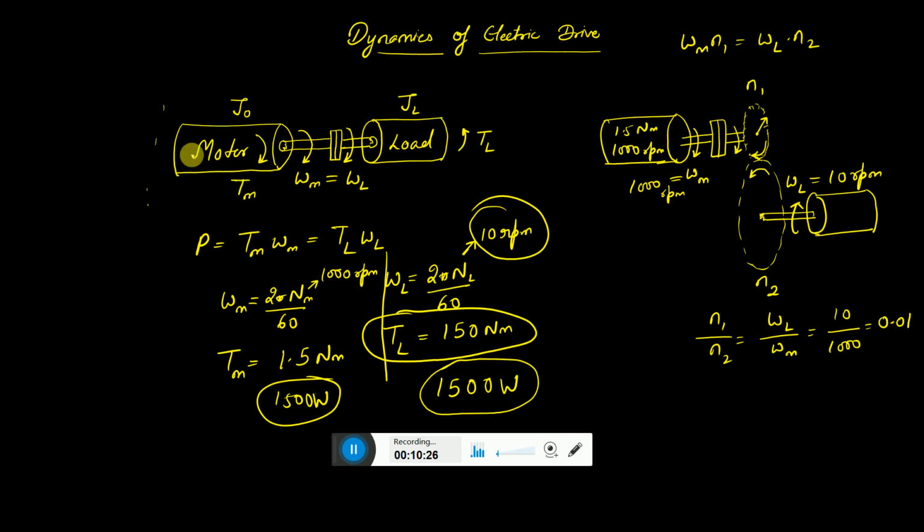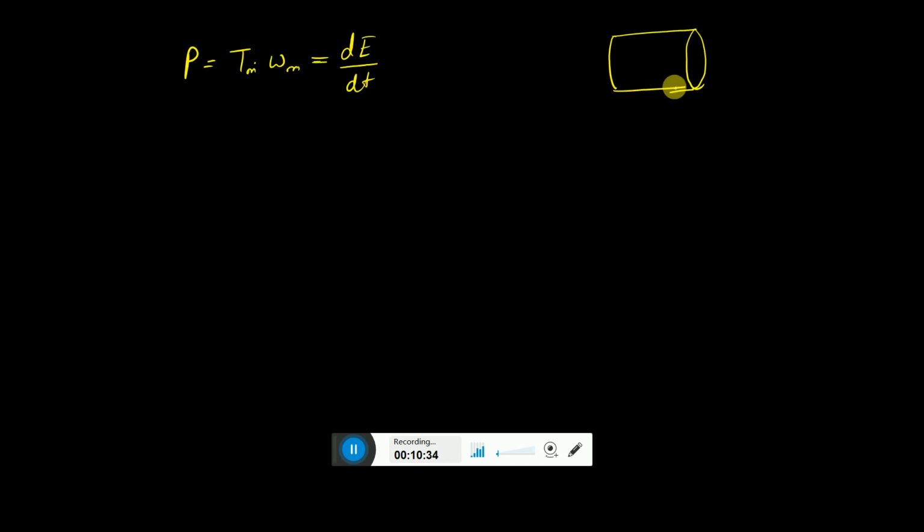Let us say the combination of all this is J equivalent, or J EQ, the total equivalent inertia. And because of the electromagnetic torque Tm, we are able to drive this load in the clockwise direction.